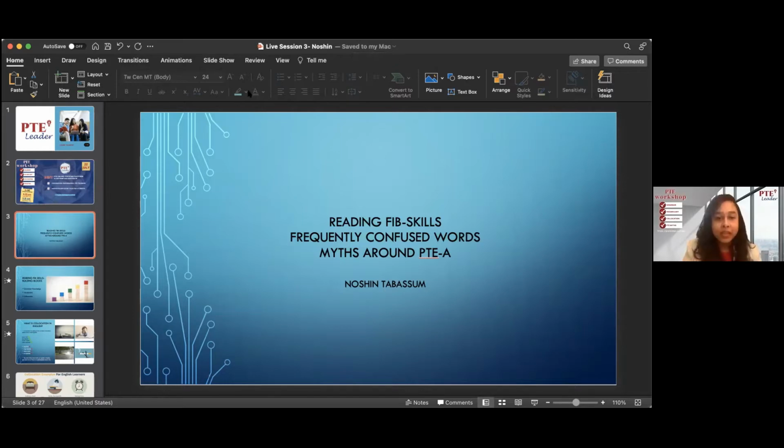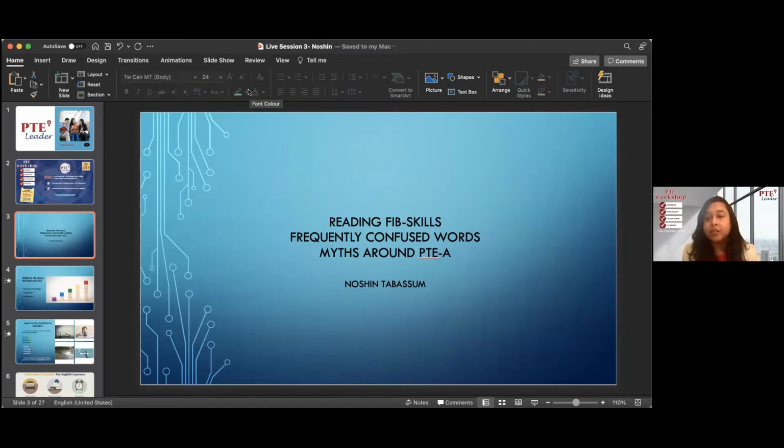So as I was saying, in the PTE reading section, fill in the blanks are very important questions, and they will give you not only points for the reading section itself, but also in other sections, like the writing section.